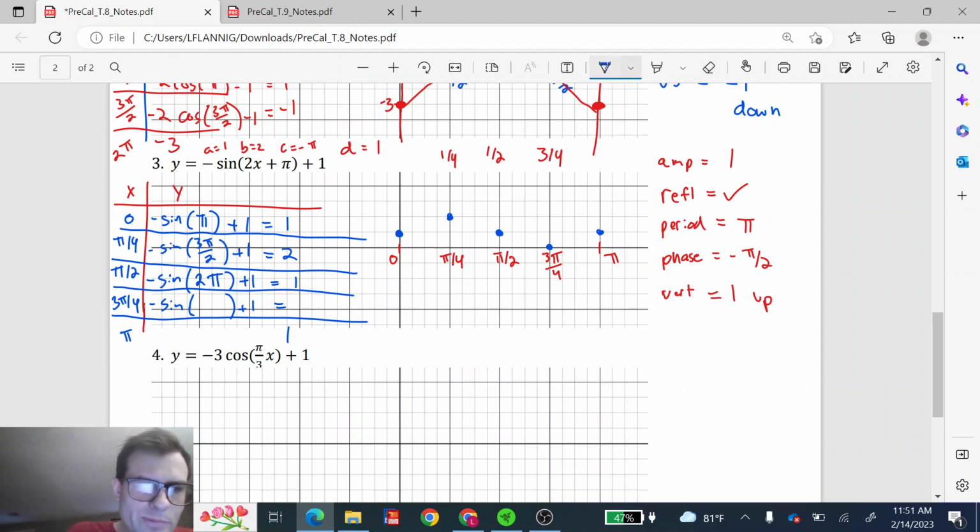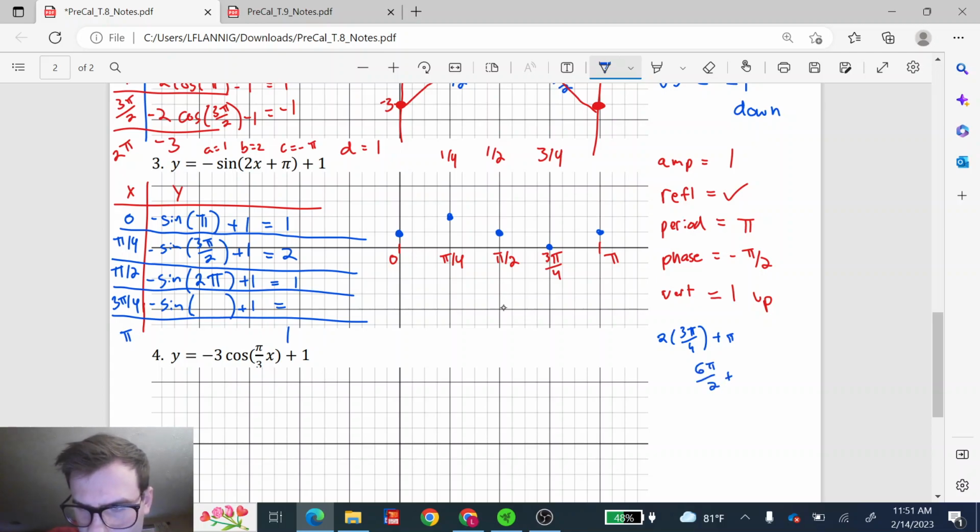So this one should be, I'll do the work over here for it. We have 2 times 3 pi over 4 plus pi. So 2 times 3 pi is 6 pi, so we have 6 pi over 4, plus pi. We know 6 pi over 4 is the same thing as 3 pi over 2, plus pi.